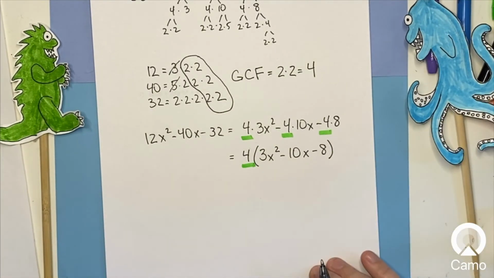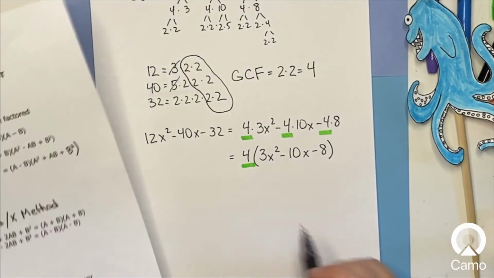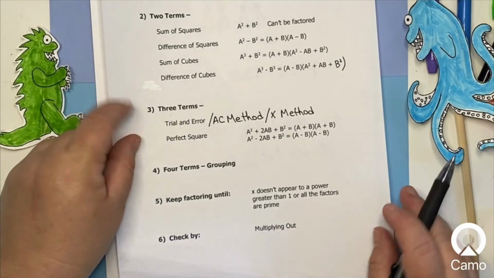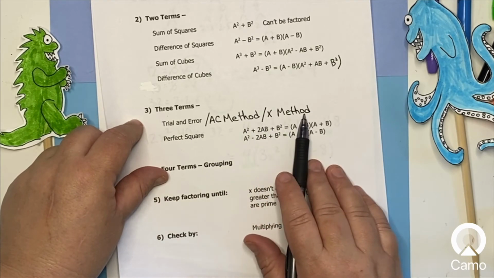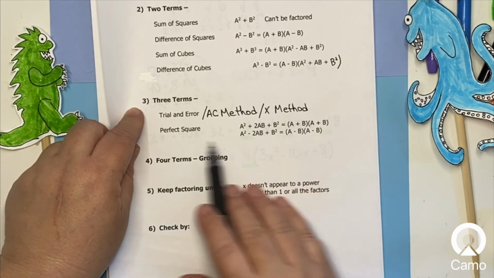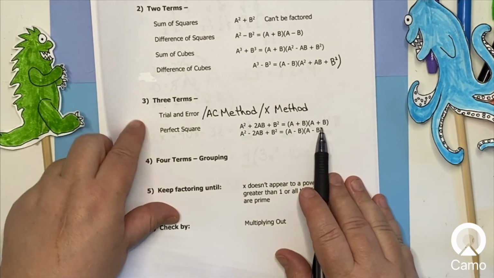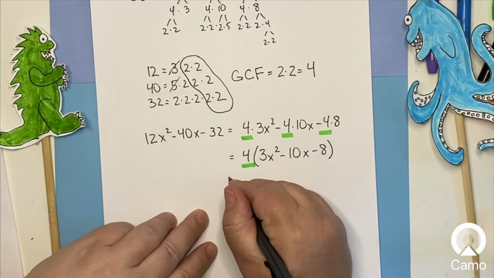And then we're going to go to our list of formulas and say, okay, I've got 3 terms inside there. For 3 terms, we've got trial and error, AC method, X method, or we've got the perfect square. And the last one that we did with the perfect square was actually really easy. So let's check. Do we have a perfect square?